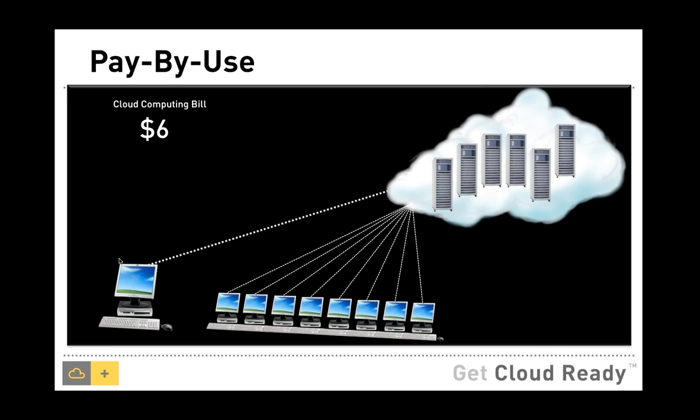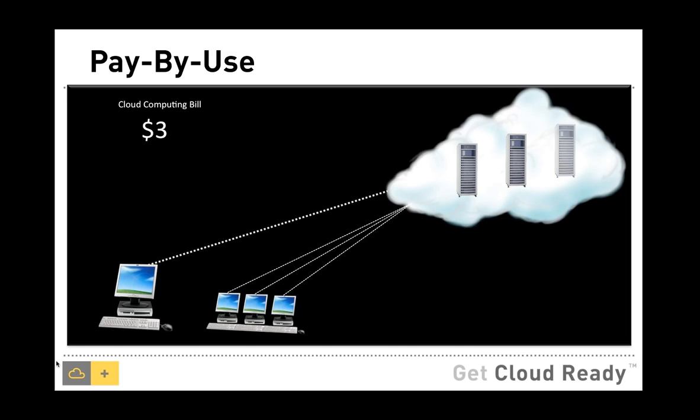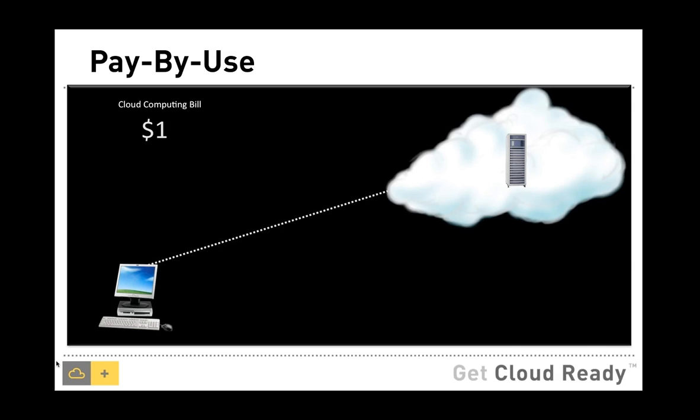But this is only for the peak loads. When the load reduces and when you start deprovisioning the servers, what really happens is the cloud computing bill automatically decrements.